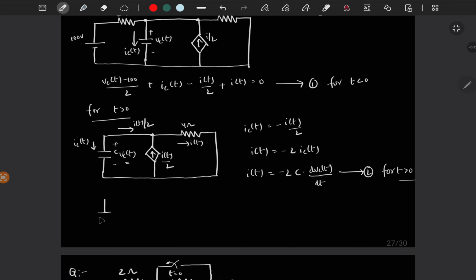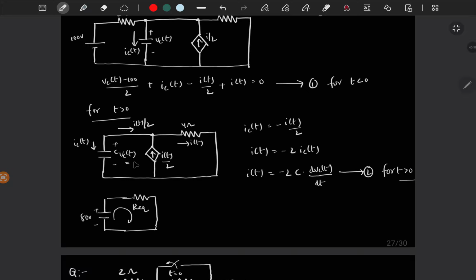So if you have the capacitor here, let's say, which is charged to 80 volts, and we have some circuit here which is without any independent voltage or current source. So let's say it is represented by some R equivalent. Now this will be completely discharged through the resistor and this will become 0.